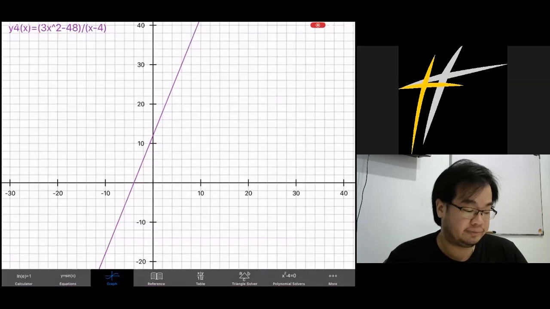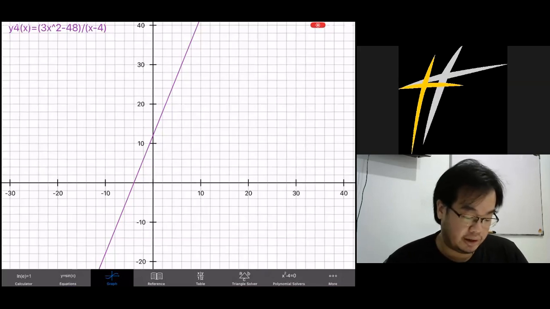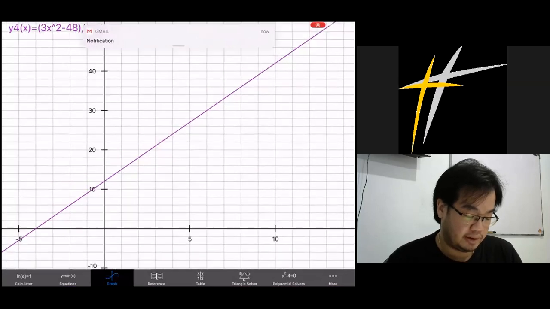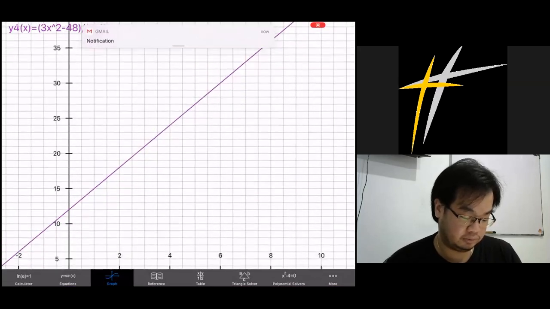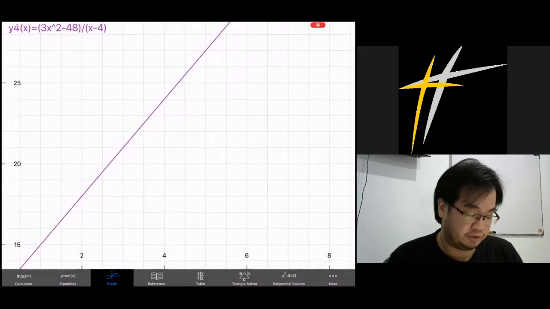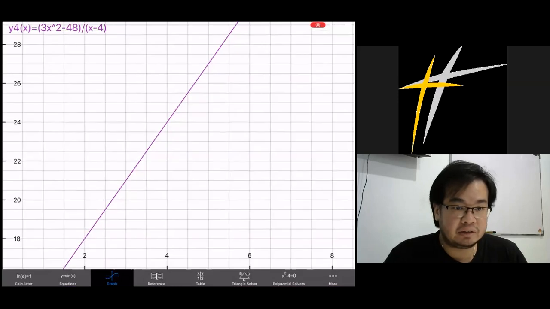If we look at the graph, this is the graph of (3x squared minus 48) divided by (x minus 4). As x approaches 4, the value of f(x) is approaching 24.